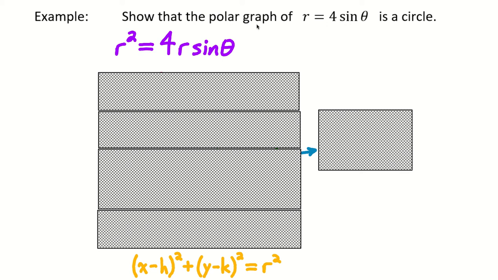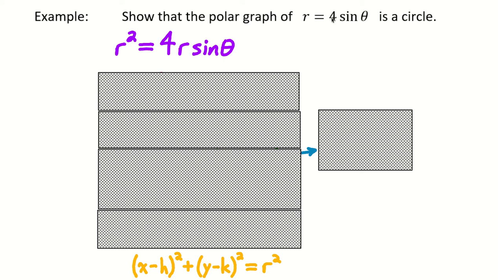I think the directions basically said take this polar equation and convert it to a Cartesian, or rectangular, equation. So basically, rewrite this equation using x's and y's instead of r's and thetas. You know what I mean? This is the kind of thing you did.